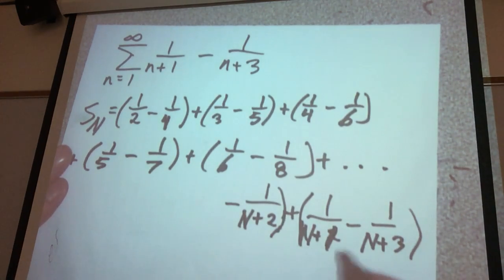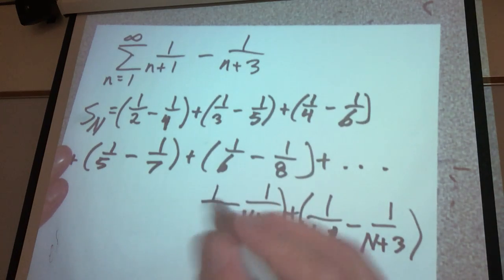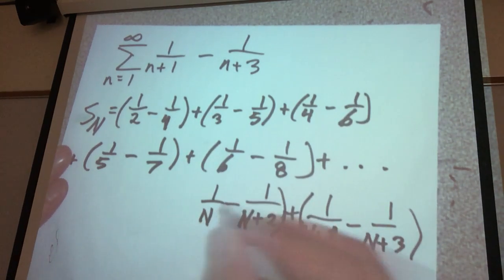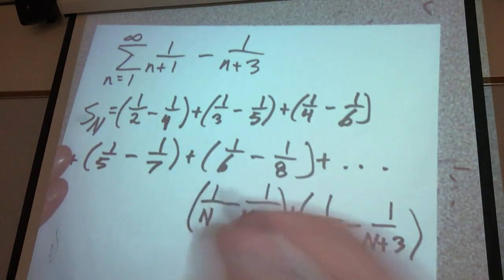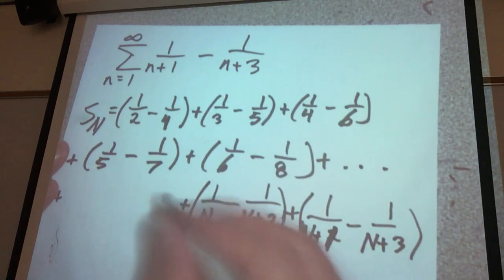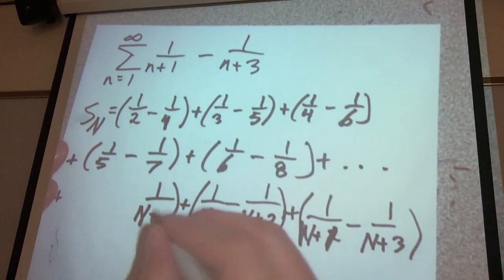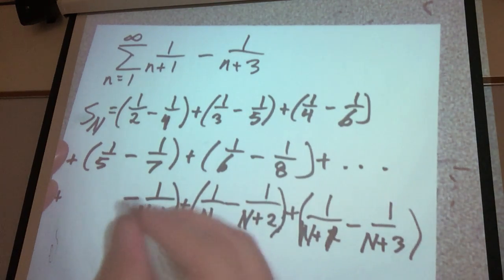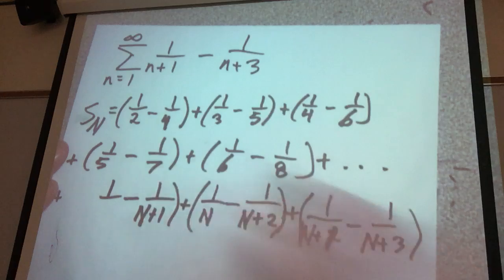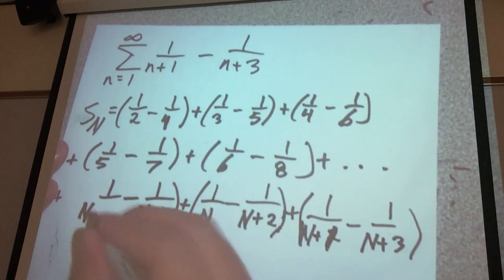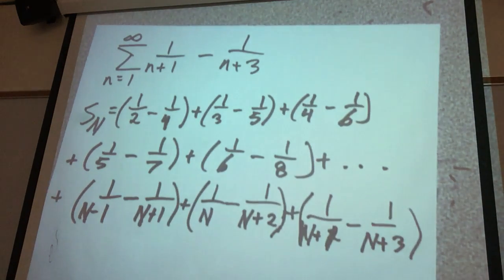All right, 1 over n plus 1 goes down by 1. That'd be 1 divided by n. That's subtraction right there. Then 1 divided by n plus 1, minus 1 divided by capital N minus 1, like that.